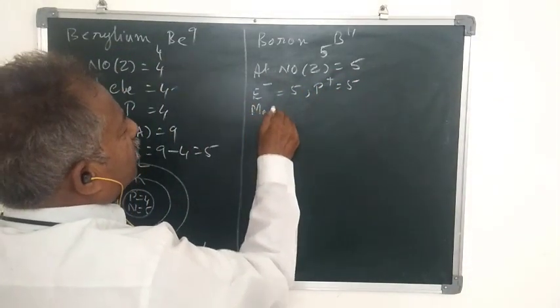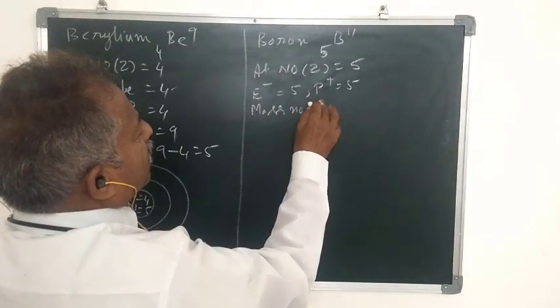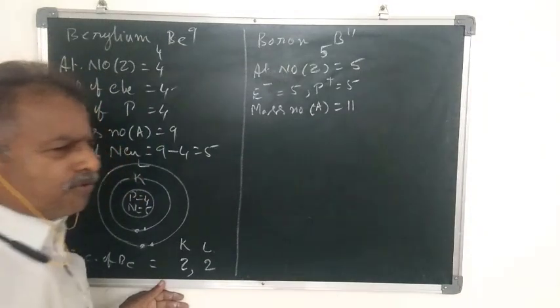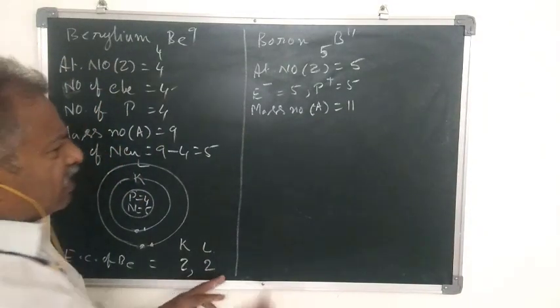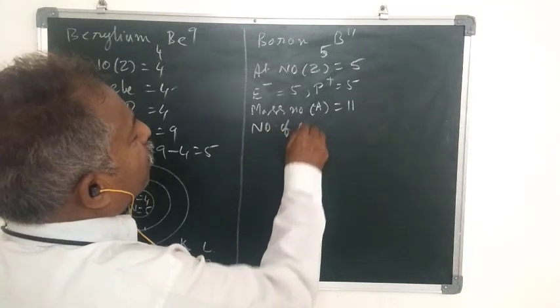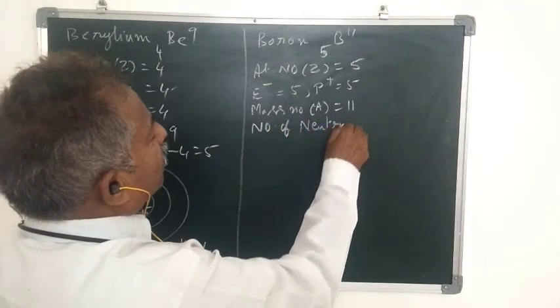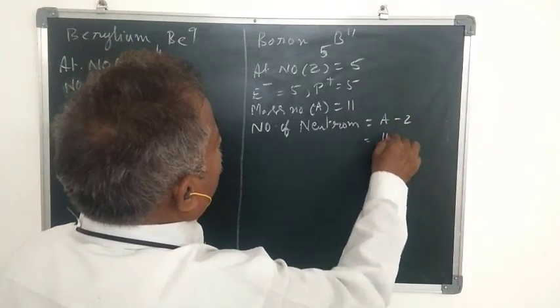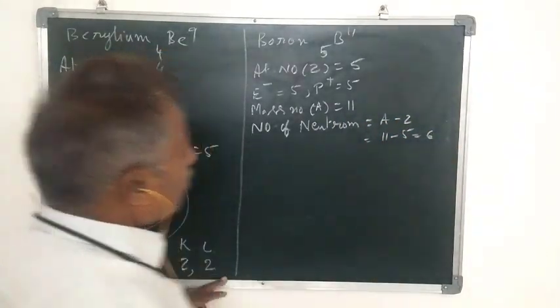Mass number A is 11. How do you find the number of neutrons? Mass number minus atomic number. Therefore, number of neutrons equals A minus Z, 11 minus 5 equals 6.